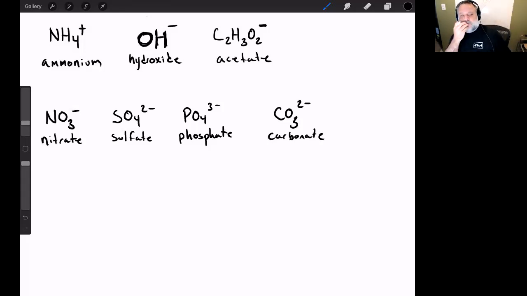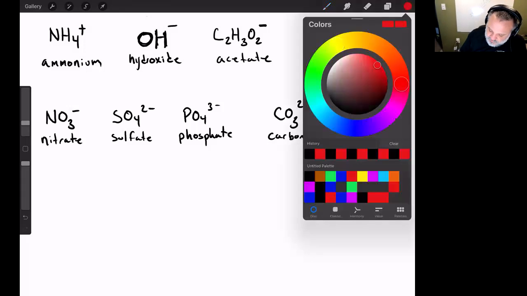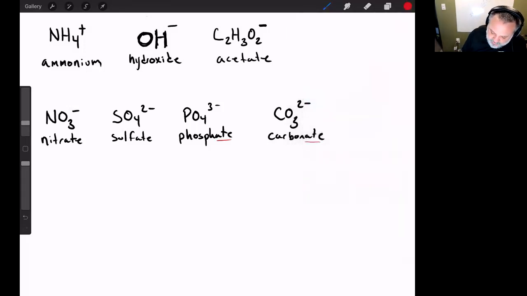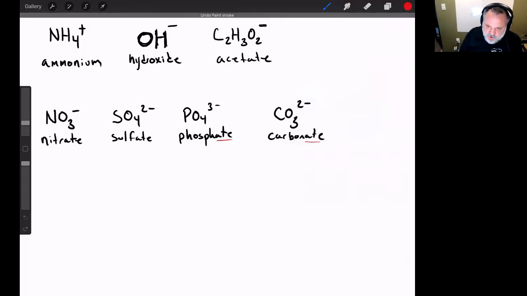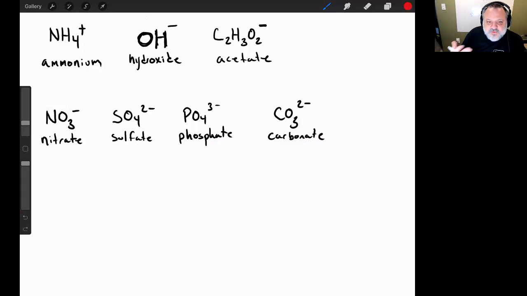Carbonate. A lot of eights, and that's great that you're noticing this pattern. 8, 8, 8, 8. And what we call them are 8 ions. So let's continue on with this.